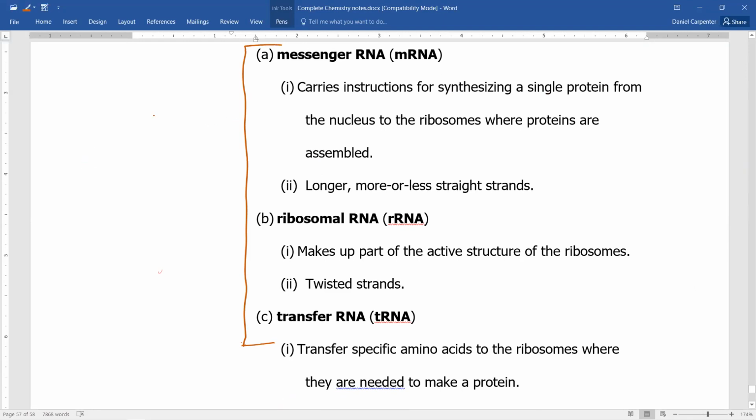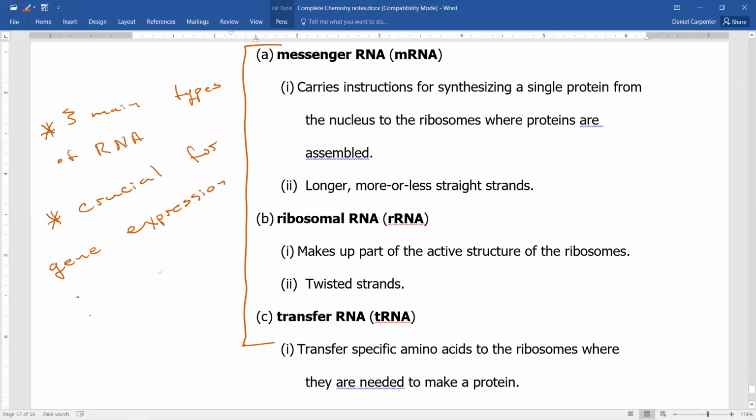So these three are the three main types of RNA, and these together are crucial for gene expression. And gene expression means making the gene's protein.